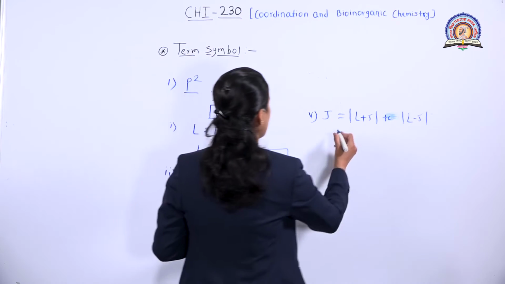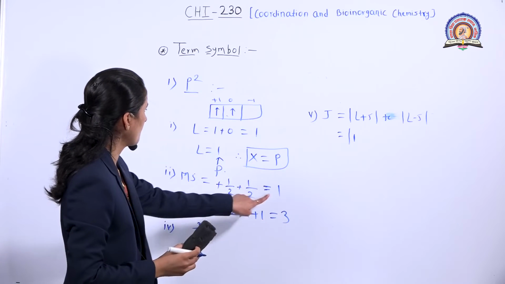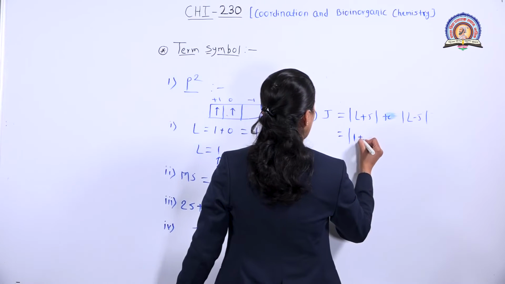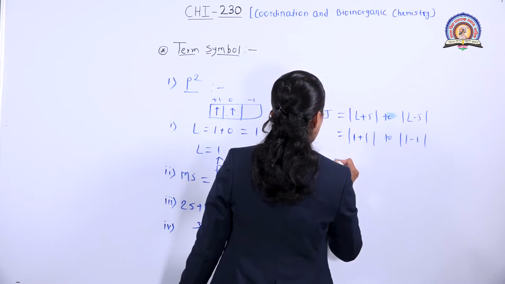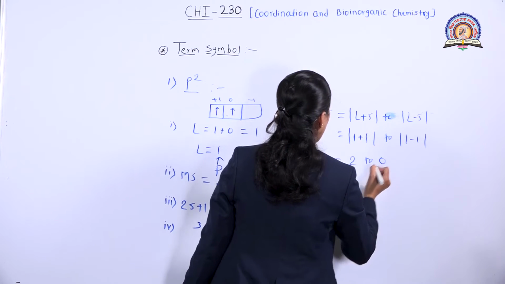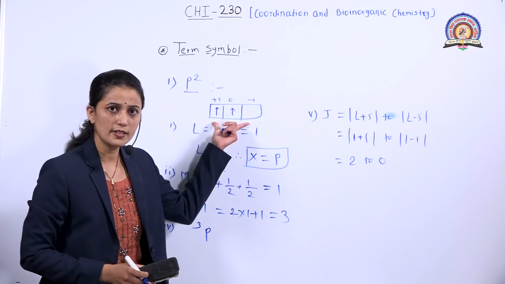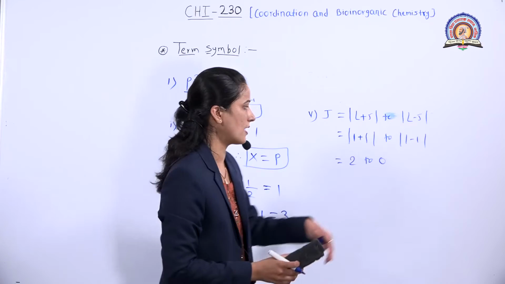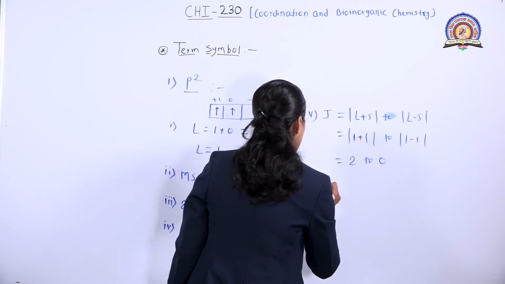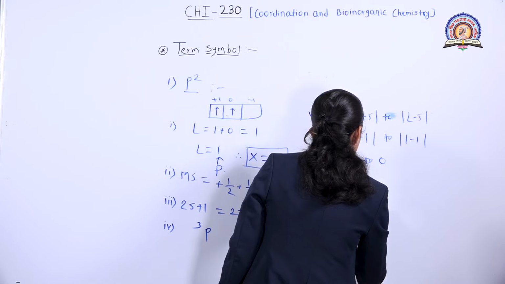L value is 1 and S value is 1. So 1 plus 1 is 2, 1 minus 1 is 0, 2 to 0, but we know that the configuration is less than half filled. That's why we have to consider the L minus S term. Hence, the final GS term for P2 configuration is 3P0.